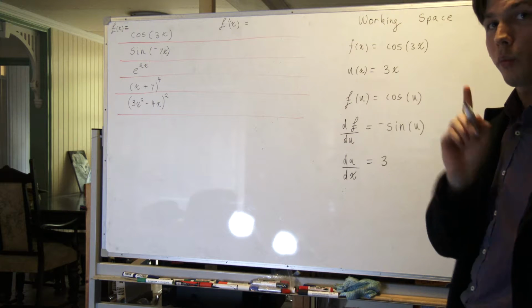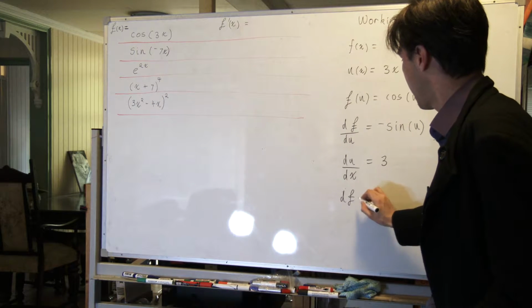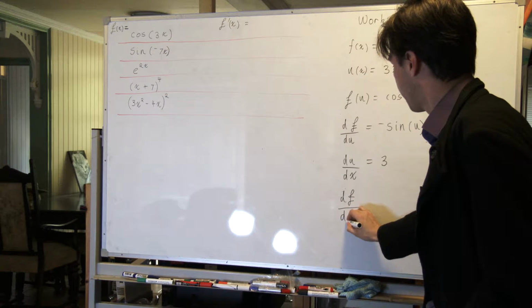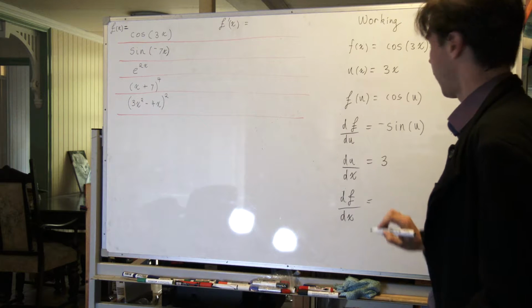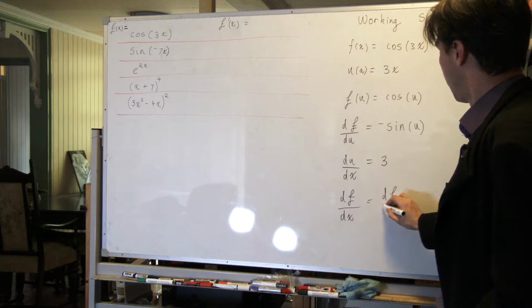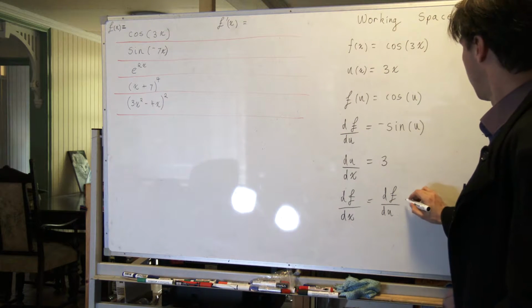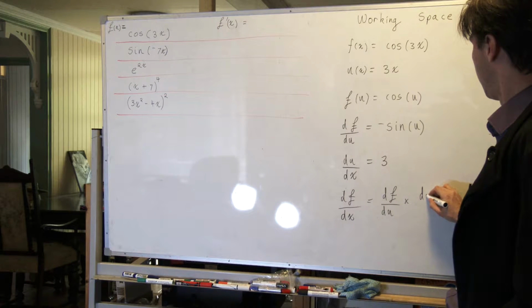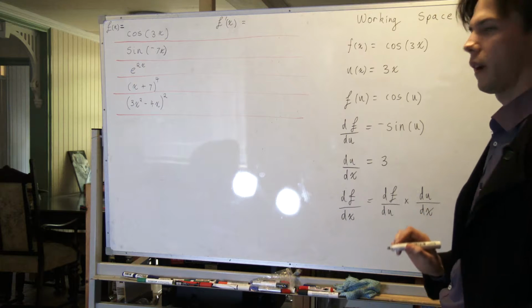Now, what I want to find is the derivative of f with respect to x. What I have is the derivative of f with respect to u and the derivative of u with respect to x.